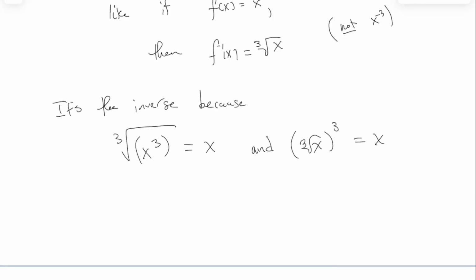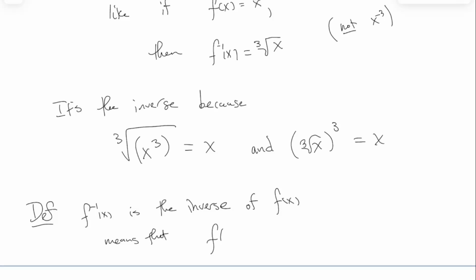And actually, this suggests the true definition of the inverse. We say that f inverse of x is the inverse of f of x. This is the real definition. This means that f of f inverse of x equals x, and f inverse of f of x equals x.